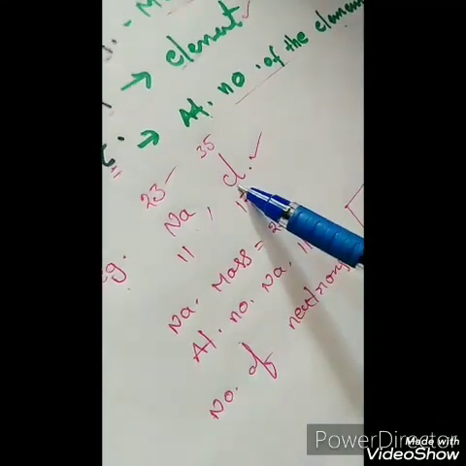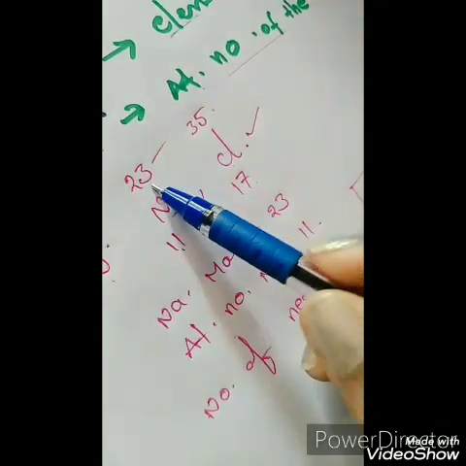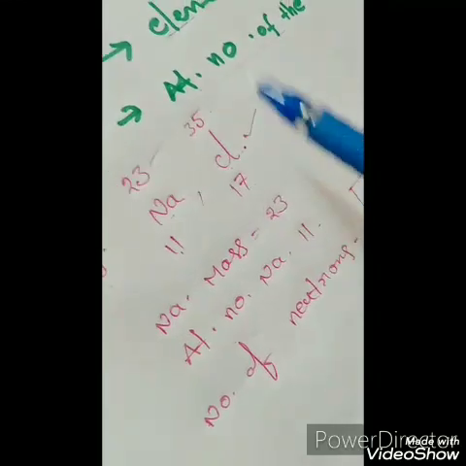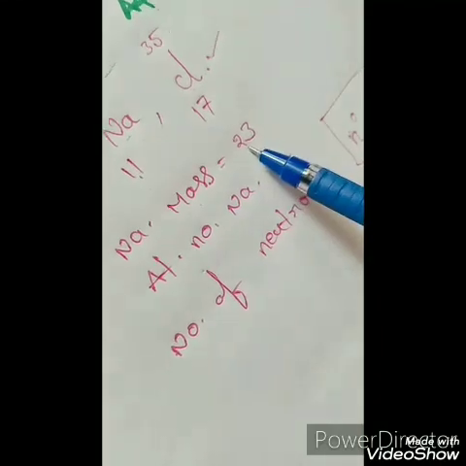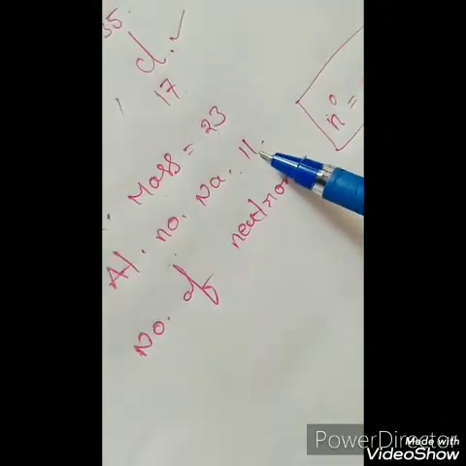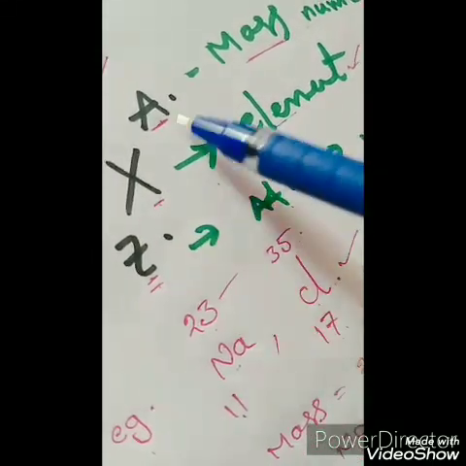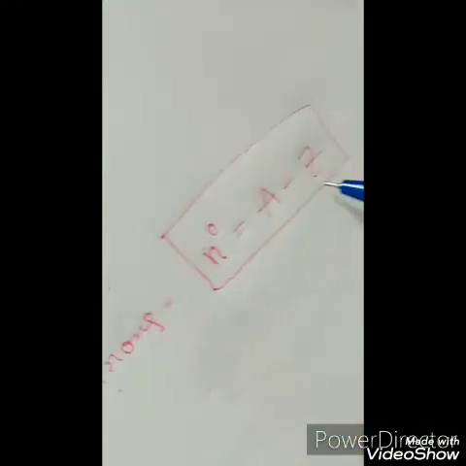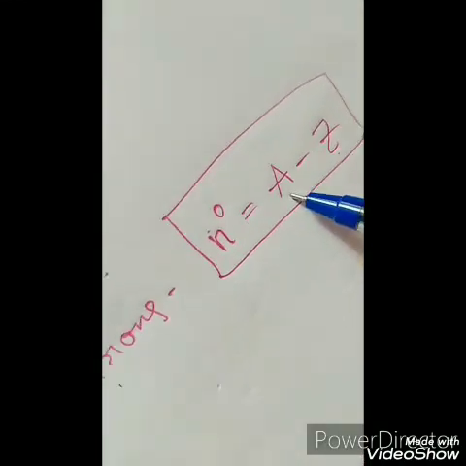Sodium and chlorine. You know very well the sodium atomic number is 11 and mass number is 23. Like that, chlorine atomic number is 17, the mass number is 35. By using this formula, X with Z and A, you can find out the number of neutrons by subtracting atomic number Z from the mass number A. Why?